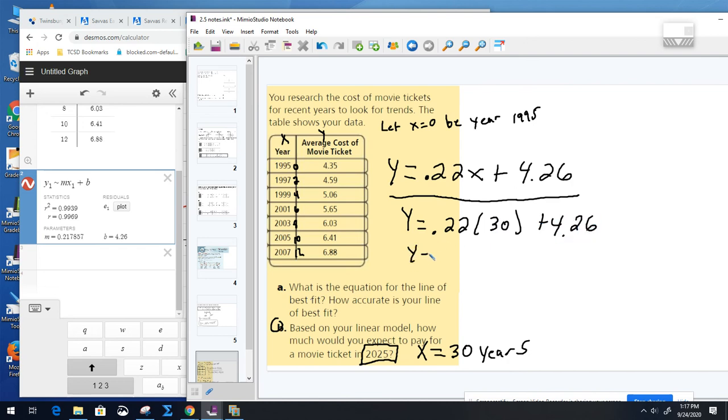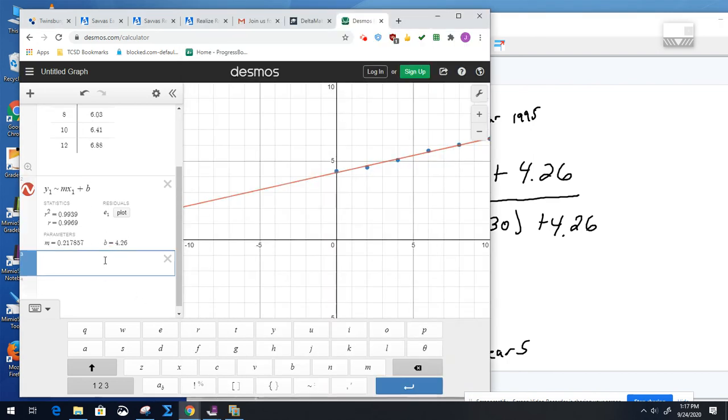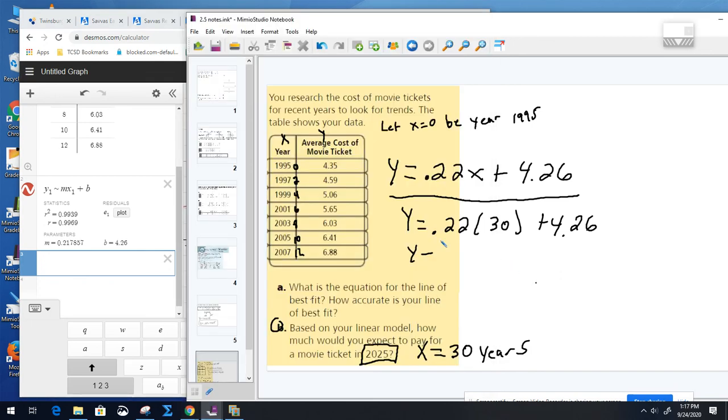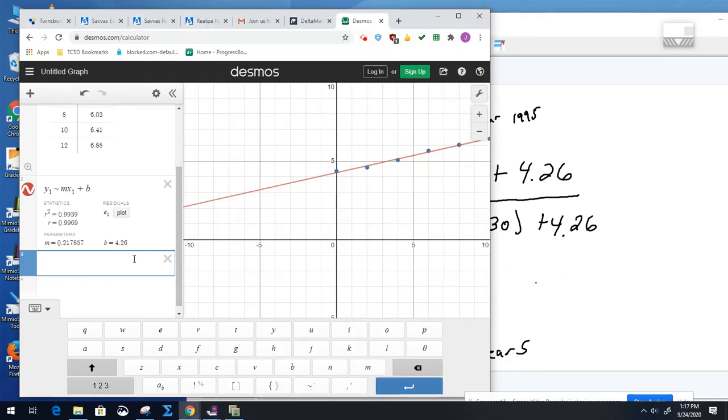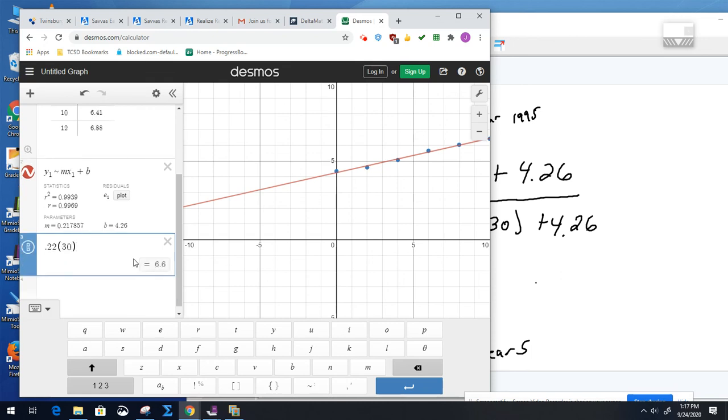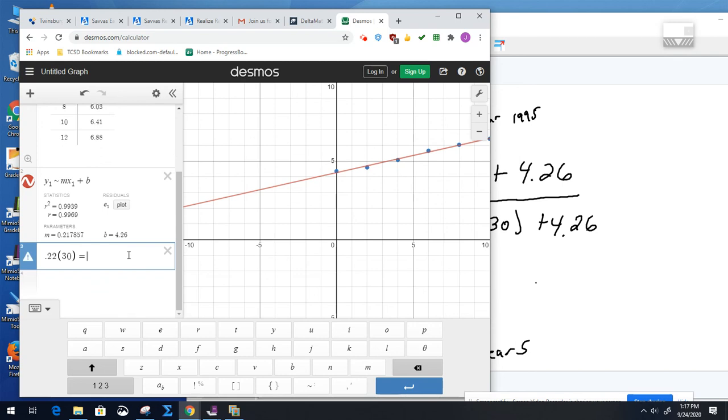So I would get my calculator out or go to Desmos, and I would put in Y. I don't put in Y equals. I'm just going to put 0.22 parentheses, 30, because 2025 is 30 years after 1995. And then I'm going to add my y-intercept to that.